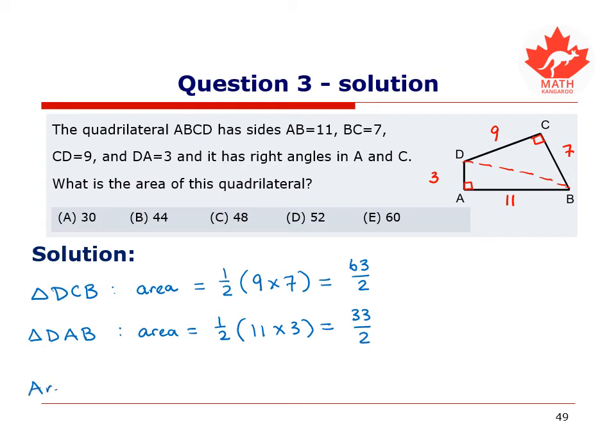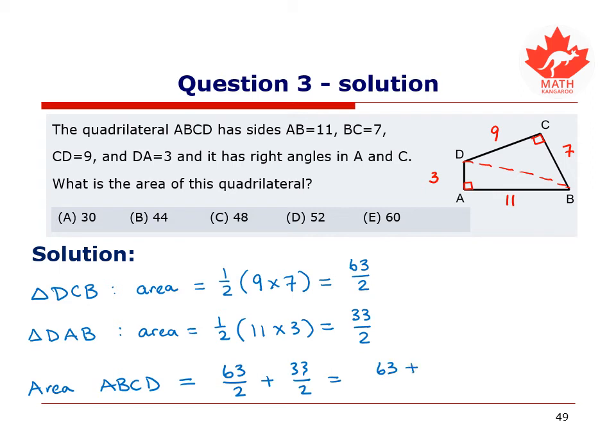The area then of the quadrilateral ABCD is the area of the two right angle triangles. So 63 over 2 plus 33 over 2. We're adding together two fractions. They both have the same denominator, which is 2.